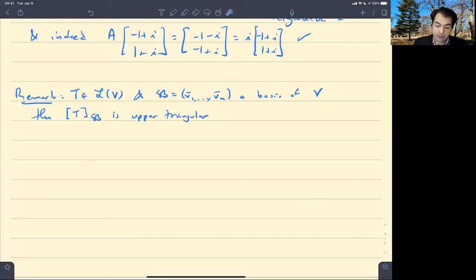And so on. What we see is that T of vj gives us the jth column. The jth column can only have non-zero entries up to the jth entry. So we need for this to be in the span of v1 up to vj.